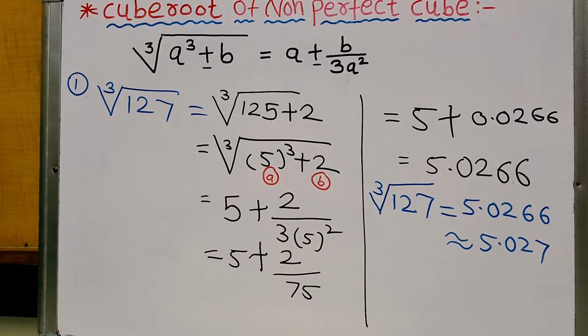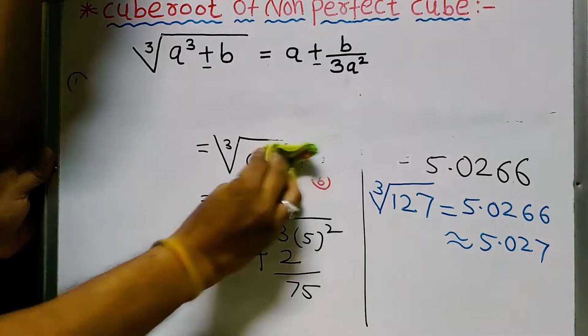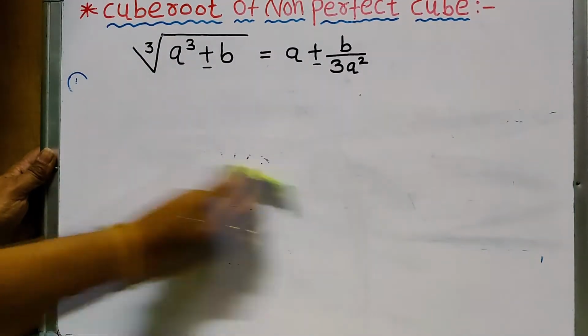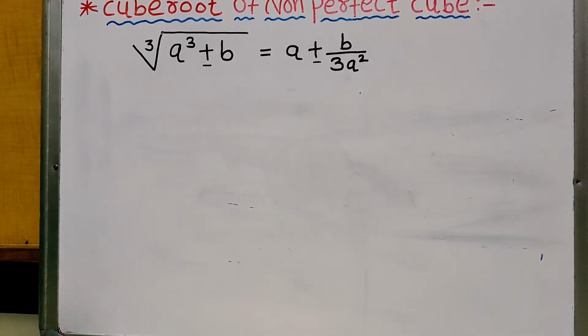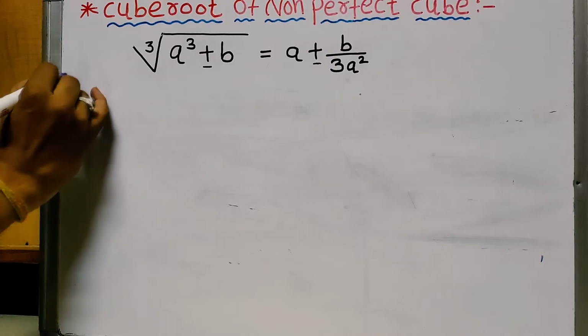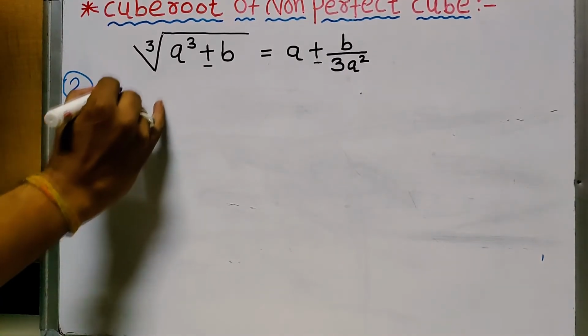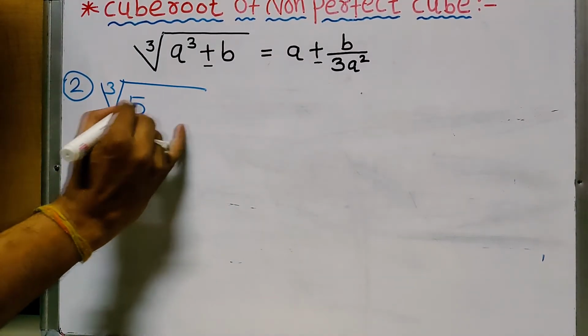Let's see another example. That is example number 2. Now we have to find the cube root of 509.